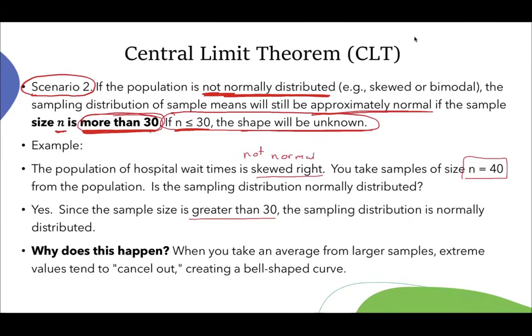Okay, so why does this happen? When you take an average from larger samples, extreme values tend to cancel out, creating a bell-shaped curve. And this happens more and more the bigger the sample is.